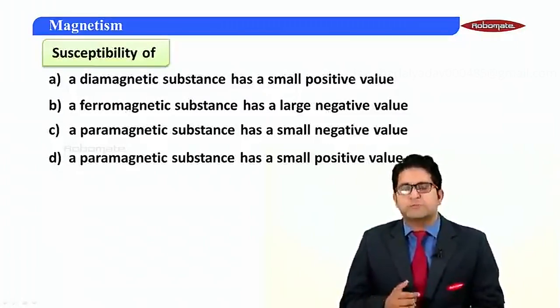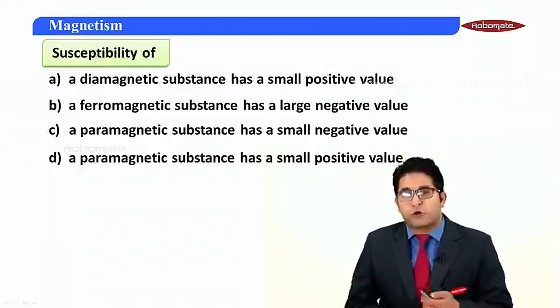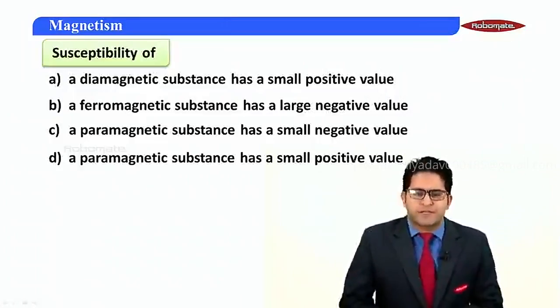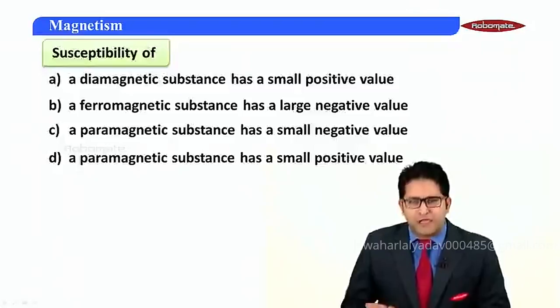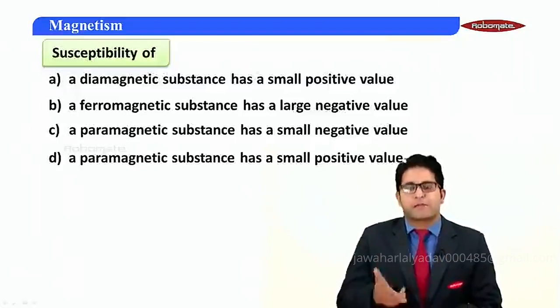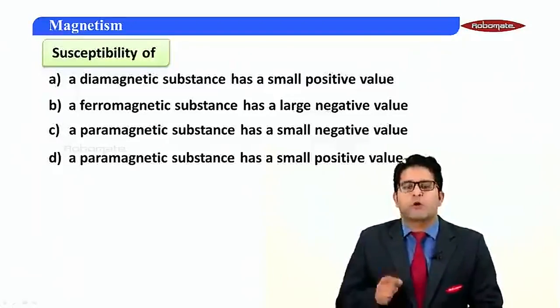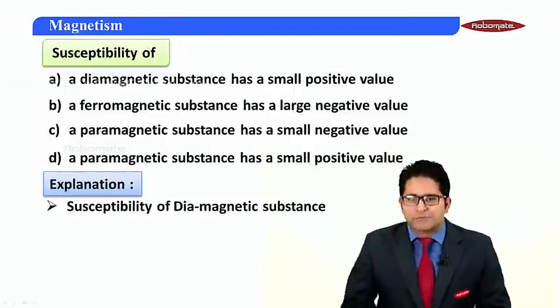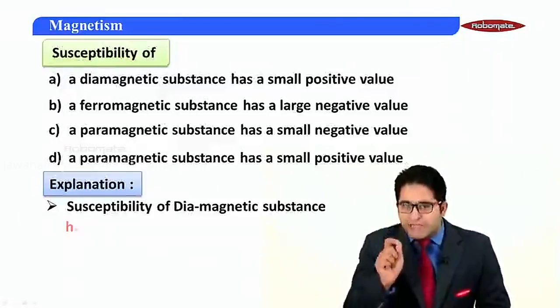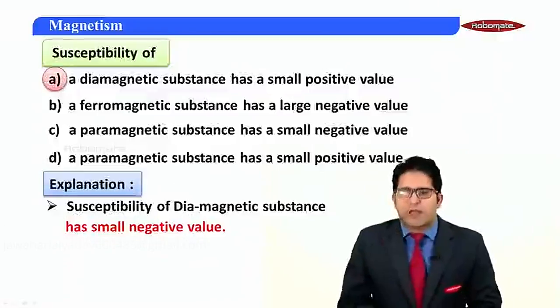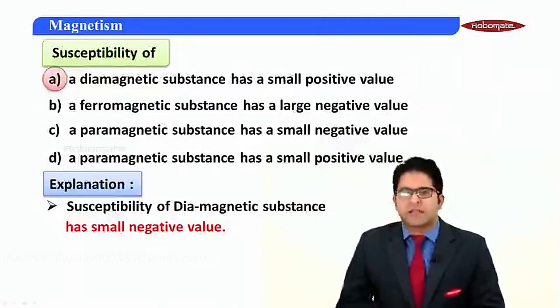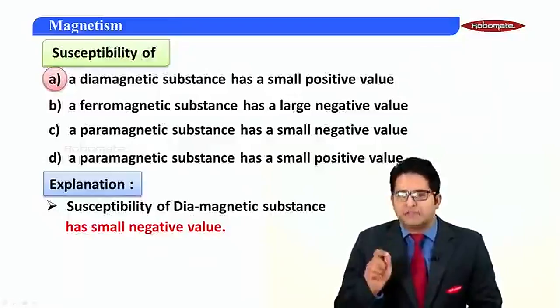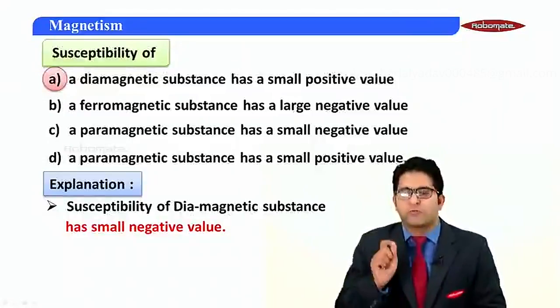Now students, this particular MCQ is based on the concept of the susceptibility of a diamagnetic material, ferromagnetic material and paramagnetic material. We already know that the susceptibility of a diamagnetic substance is negative and of a very small value. But option A says a diamagnetic substance has a small positive value, which is incorrect.